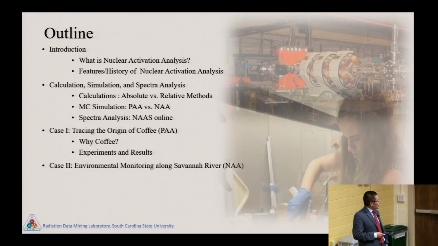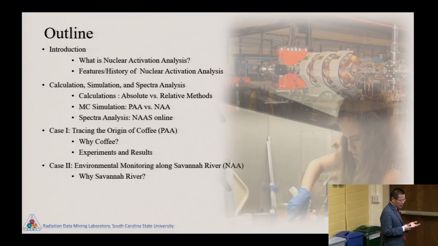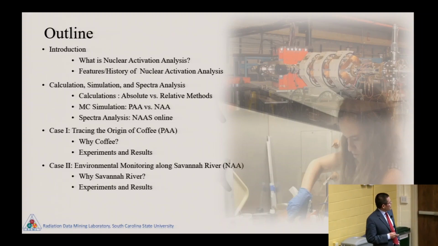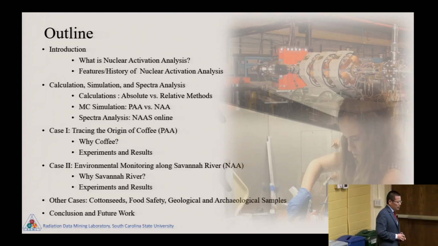Case 2 is a neutron activation analysis case: environmental monitoring along the Savannah River. And why do we study the Savannah River? Because some places are highly contaminated, and our experiment and results. Then I talk about other cases, the projects we are conducting, like cotton seeds, food safety, organic and inorganic food, and geological and archaeological samples. Finally, the conclusion and future work.